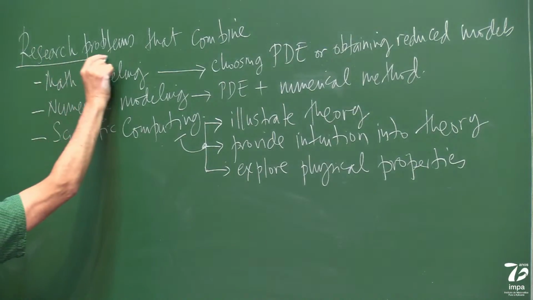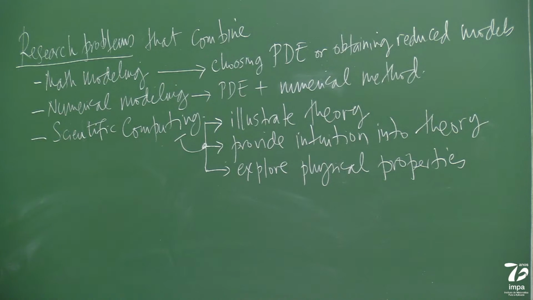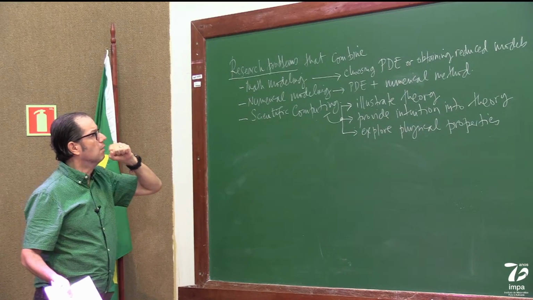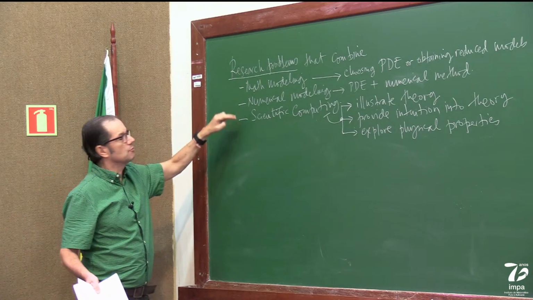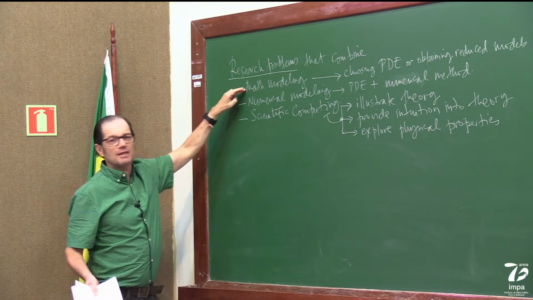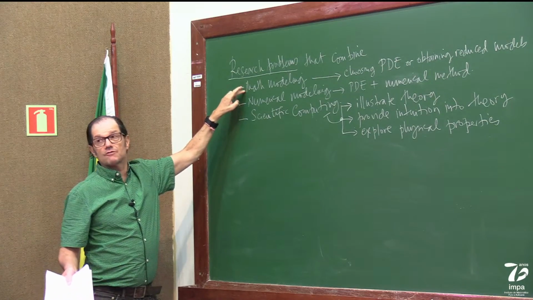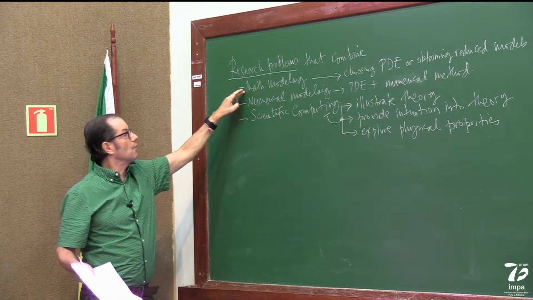Research problems in applied math combine these ingredients, and how much of each ingredient varies from problem to problem. So the bouncing droplet, for example, has all three ingredients. A math modeling, where we actually did the first equations for a droplet with a wave.